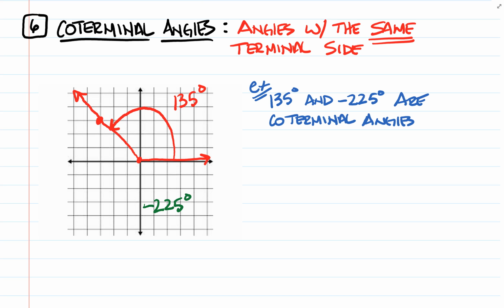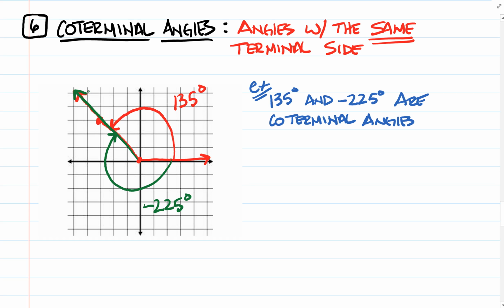Well, if I drew negative 225 degrees, you would notice that if I came this way, I would end up in the exact same location in quadrant number 2. So therefore, 135 degrees and negative 225 degrees are examples of coterminal angles because they share the same terminal side.